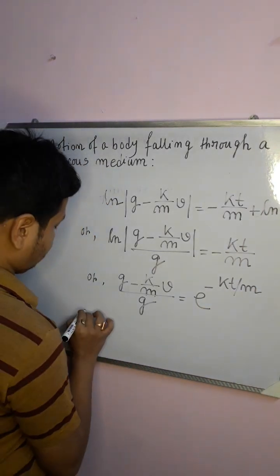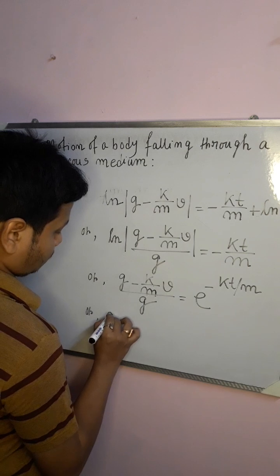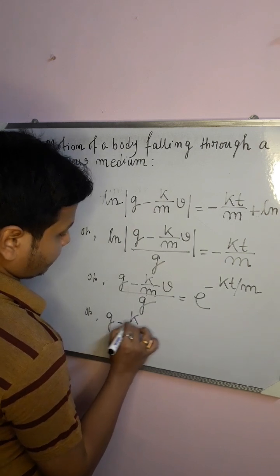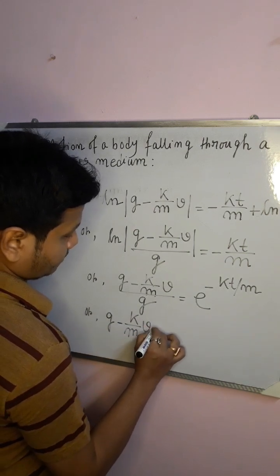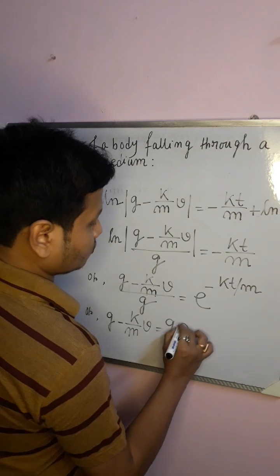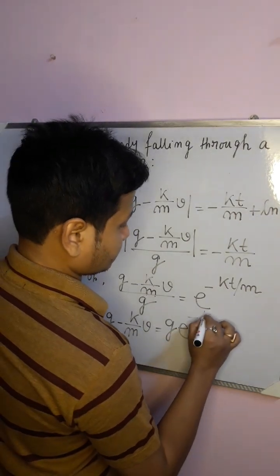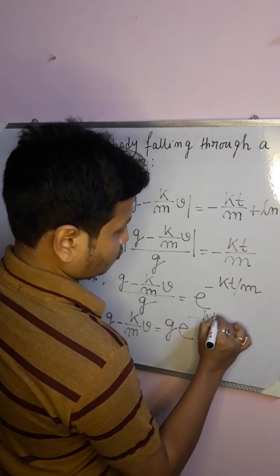Thus g minus k by m into v equals g into e to the power minus kt by m.